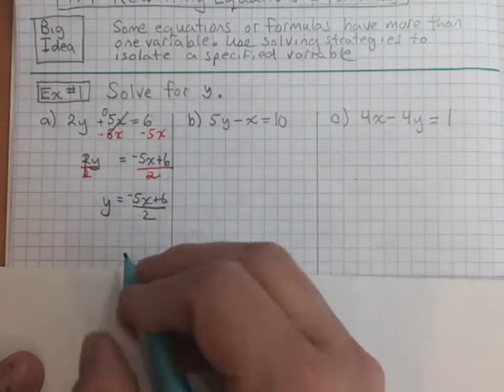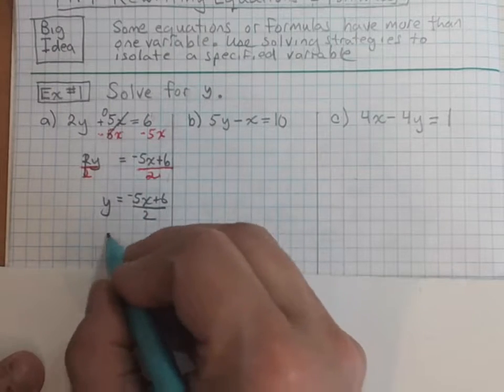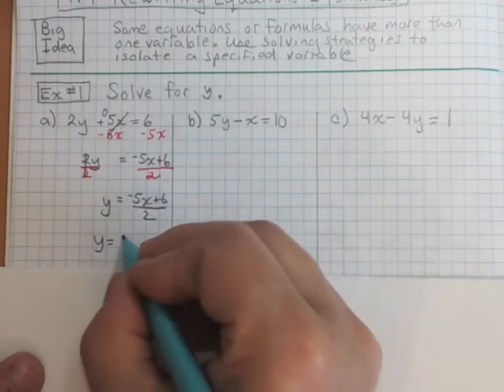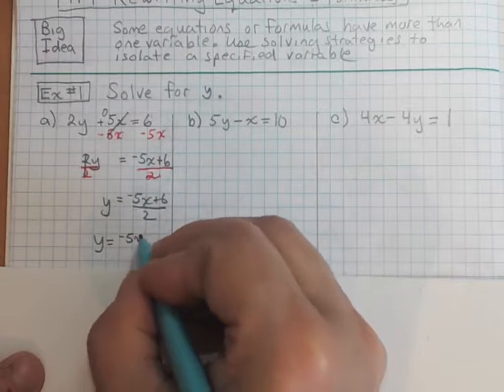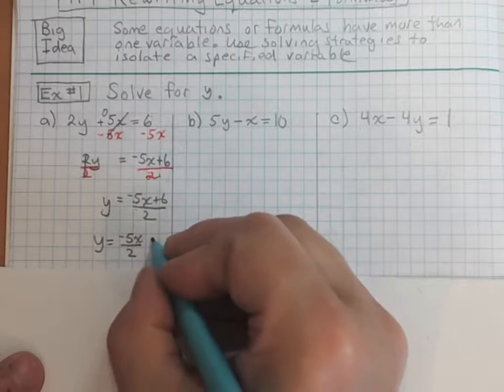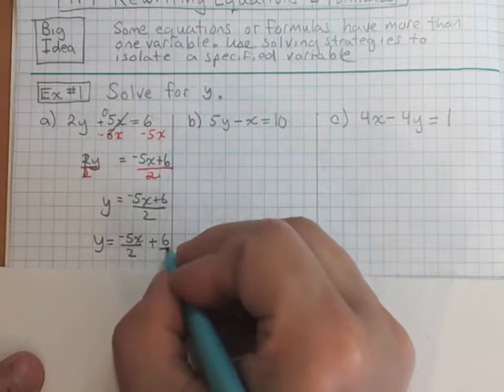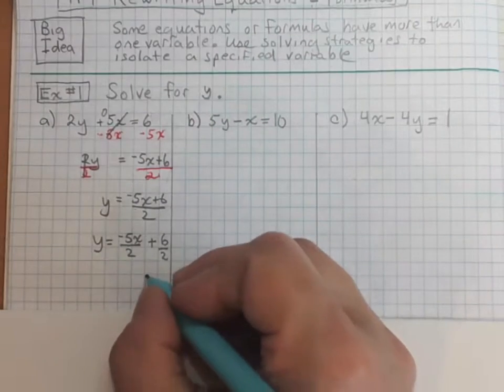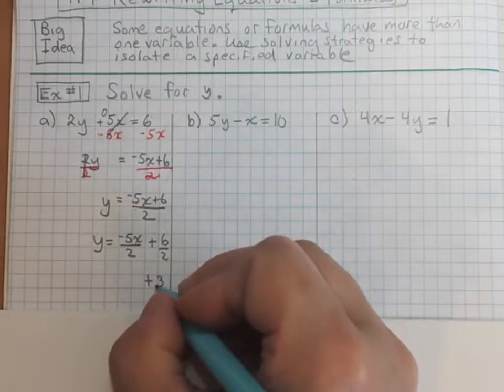Let me show you how that would work out. I'm going to split this up and write this as two separate fractions. y equals negative 5x over 2 plus 6 over 2. Now the 6 over 2 we can reduce, and that's just 3. 6 divided by 2 is 3.